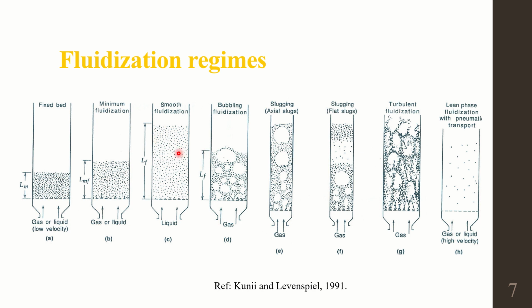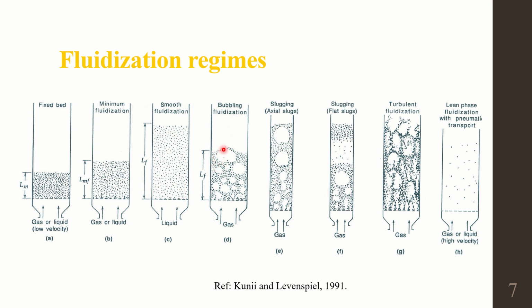But this is the case when we are using liquid. What if we use gas as an inlet fluid? If we use gas, we are passing the gas at a higher velocity than the UMF. At this point, bubbles start to form in the fluidized bed because we are dealing with gas. So bubble formation, as you can see, starts taking place. This is known as the bubbling regime.